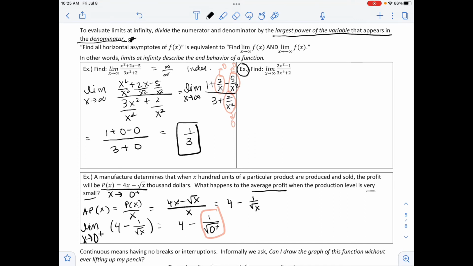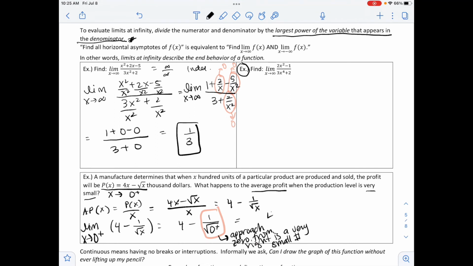And so if you were to divide by something really, really small, so approaching 0 from the right is a very small number.